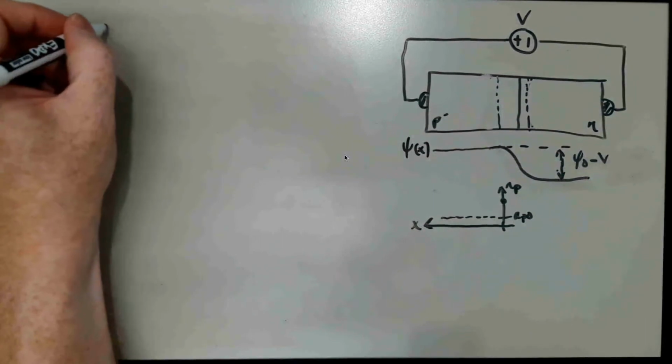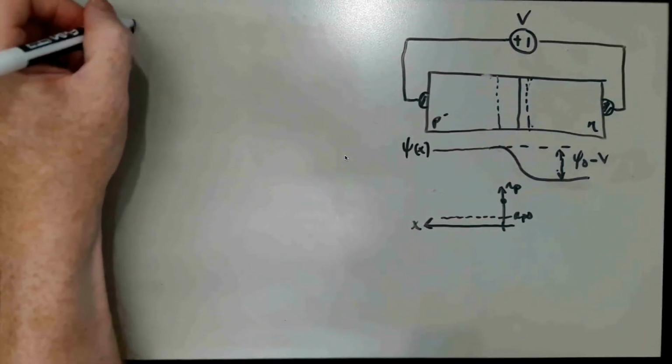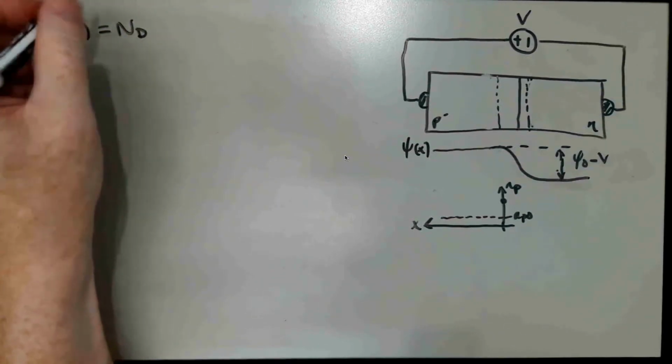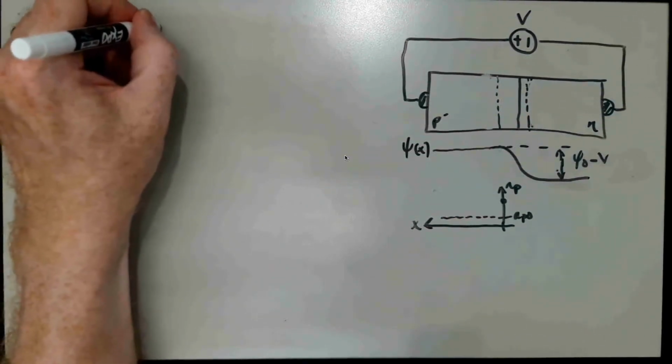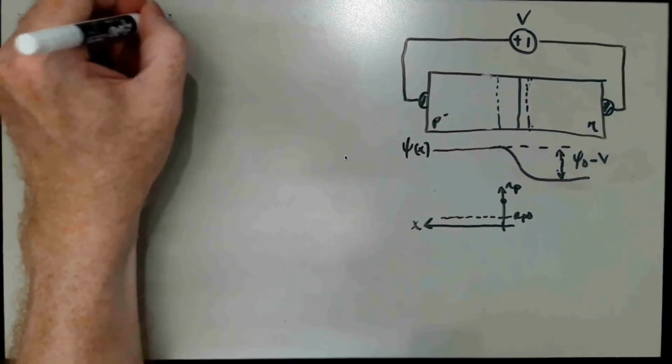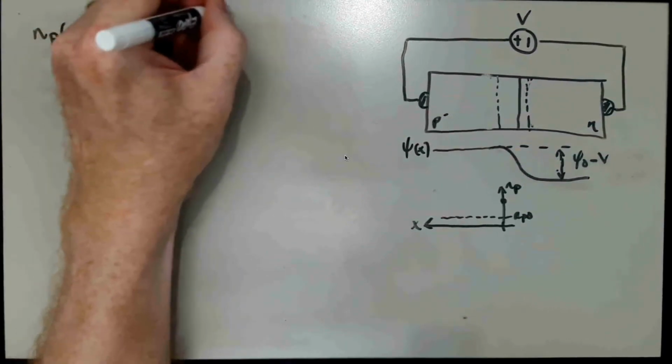And that's going to be equal to, again, N sub D, that's N sub N really, the majority carrier concentration in the N region times e to the minus the barrier height. Well, now the barrier height is psi 0 minus V over ut.